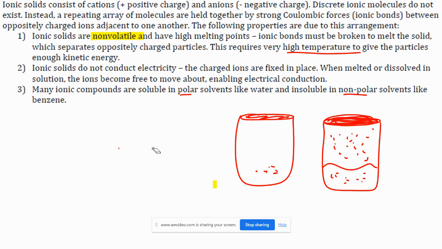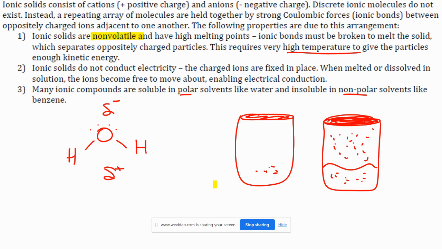When you have a polar substance, though, like water, water is very polar. It looks like this. This end is going to carry your negative charge. This end is going to carry your positive charge. When it comes in contact with an ion, the positive ion is going to get attracted to the negative end of the water, and the negative ion will get attracted to the positive end of the water.